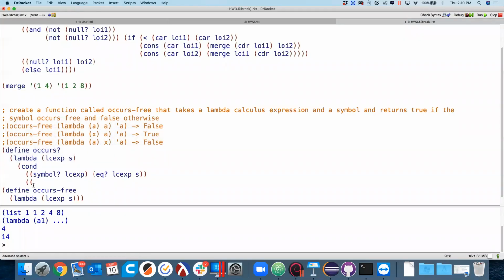So I can say if EQ car lambda calculus expression is lambda. So the car of it is a lambda, that means I'm looking at that kind of thing, right? Now I want to know if S occurs.